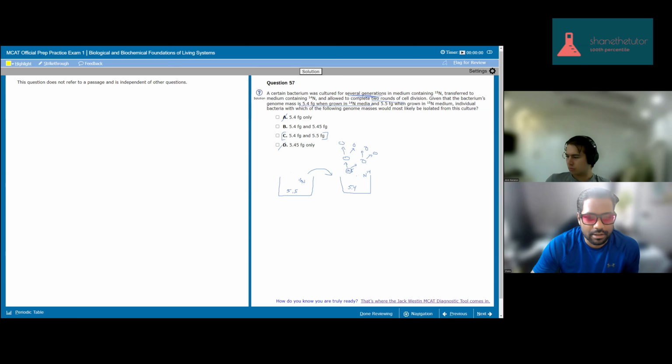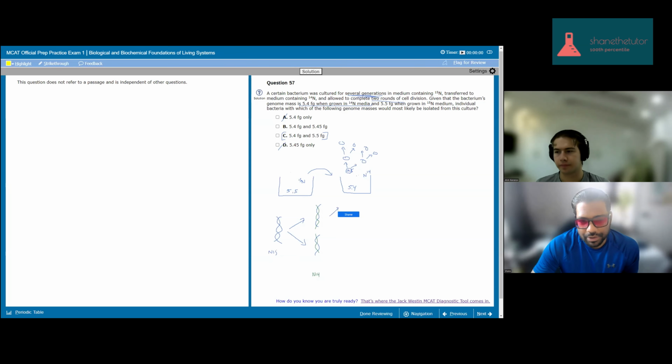So I don't know if we did a question before about something where we have some DNA strand and then let's say we put it in a new medium. It's going to be semi-conservative. So let's say that the green here is the N14, and the blue here is the N15.